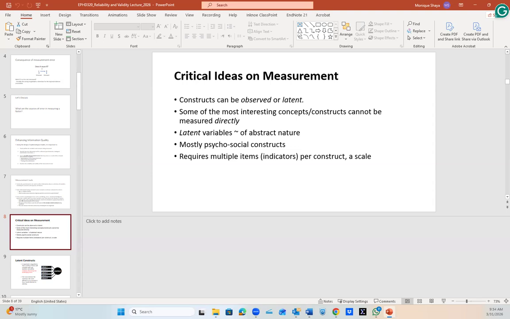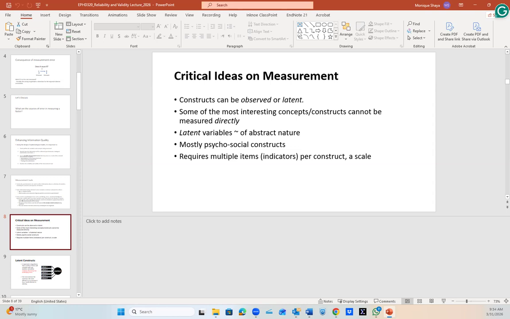So what I was saying, why I ask you this question, is because even measures or concepts that are observable, I should worry about measurement error, because the tool might not be reliable.